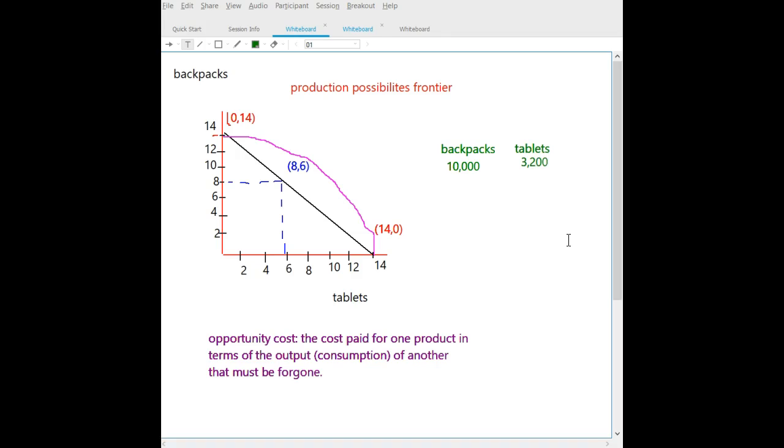So for us to find the opportunity cost here, we want to find how many backpacks per tablet. So basically, how much of each other you're giving up, or what's your opportunity cost.